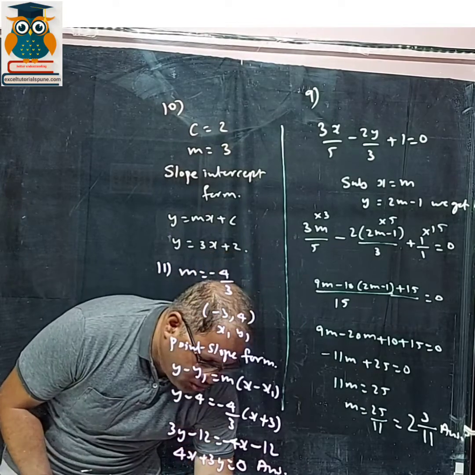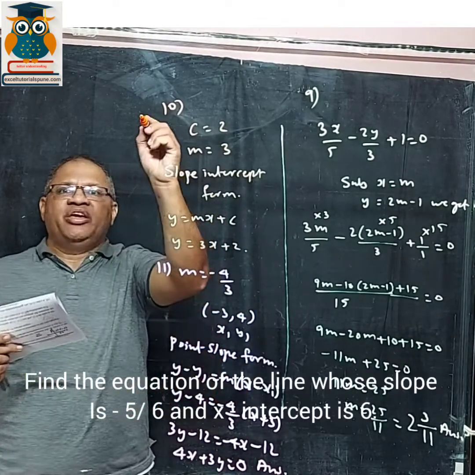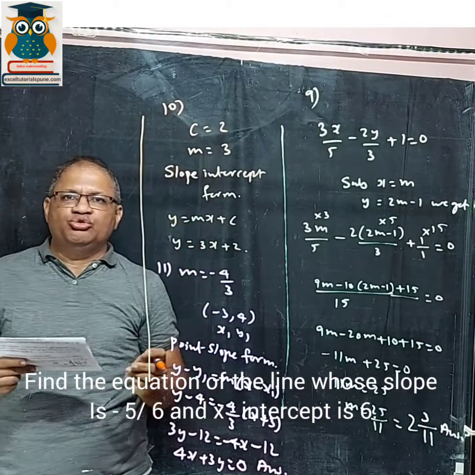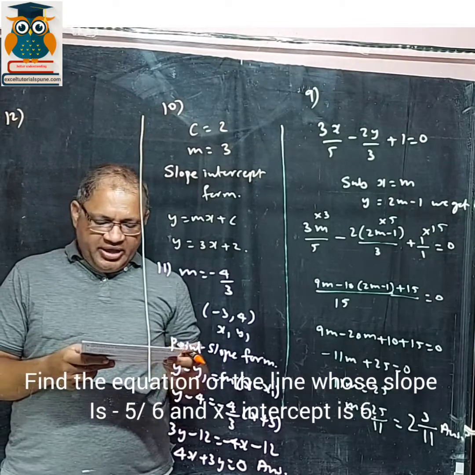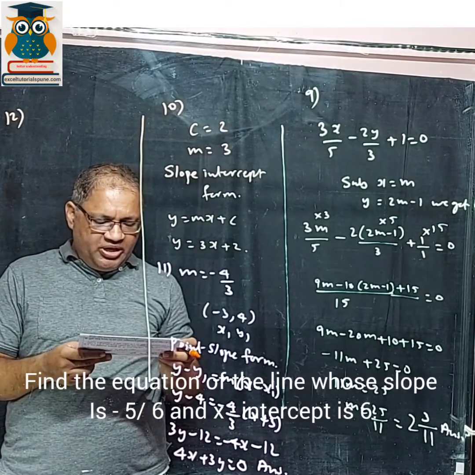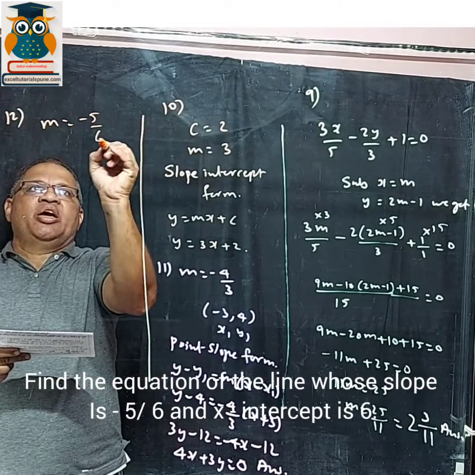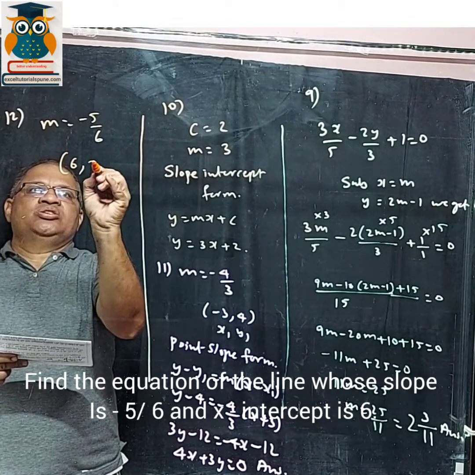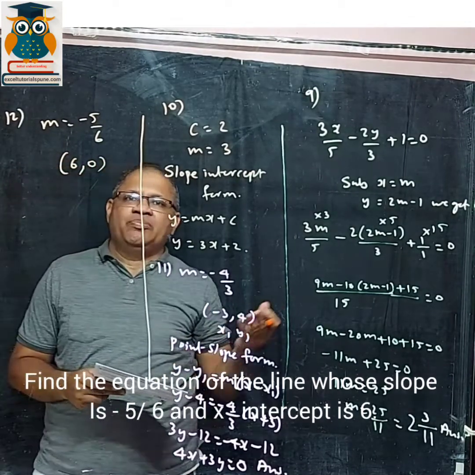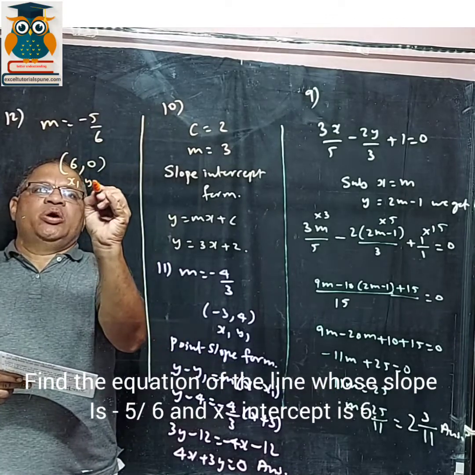Alright. So now we solve the 12th sum. These are all very simple sums. Just you have to use the formula. So 12th sum. Find the equation of a line whose slope is minus 5 by 6. m is minus 5 by 6 and x-intercept is 6. So (6, 0). If it's x-intercept, then of course y will be 0. So take this as x1, y1.